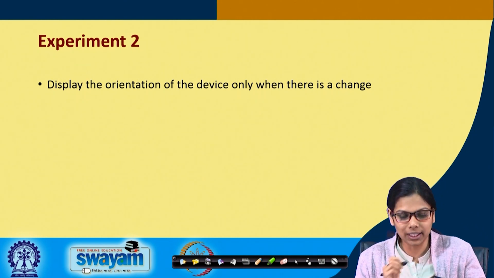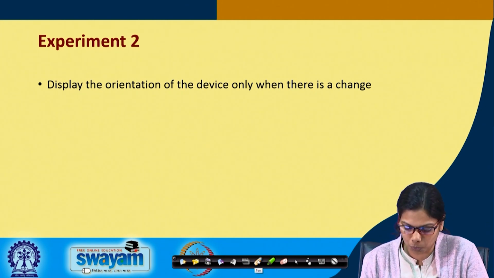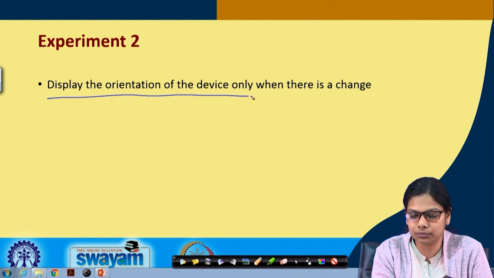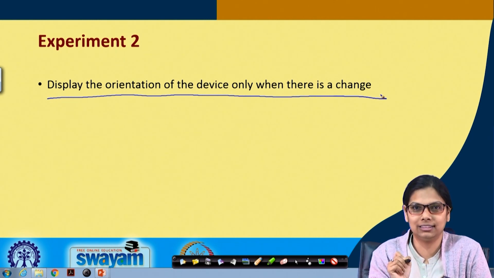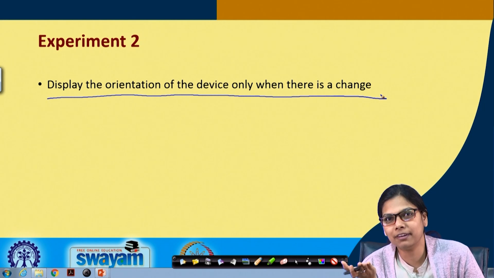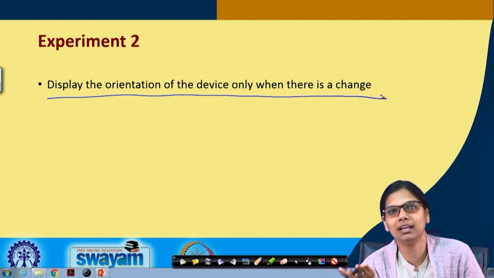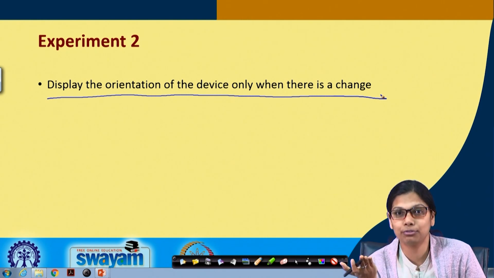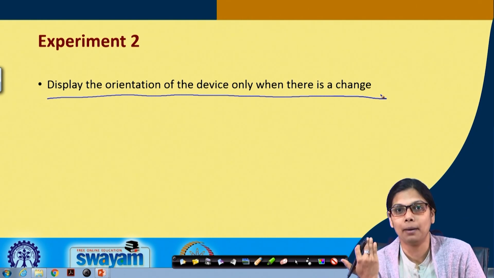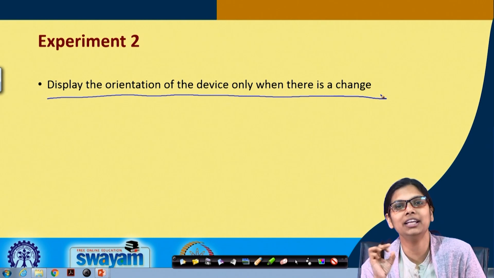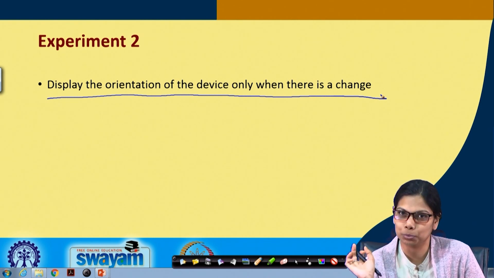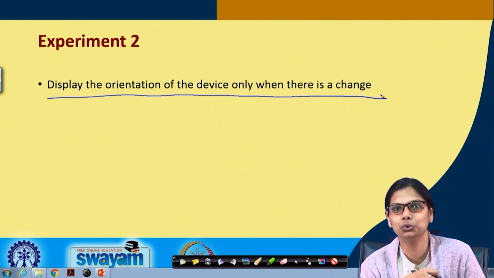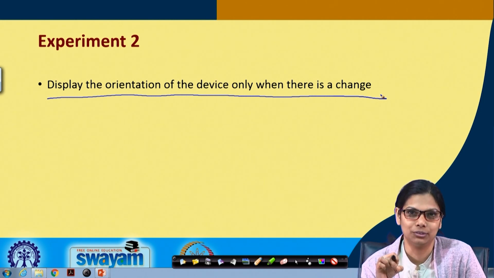Here we have just made one change where it will display the orientation of the device only when there is a change. That means, if the device is flat, it will remain flat. If there is a change from flat to vertically up or vertically down, then only it will get displayed in the Bluetooth module. So we have just done a little program change to incorporate this particular change.